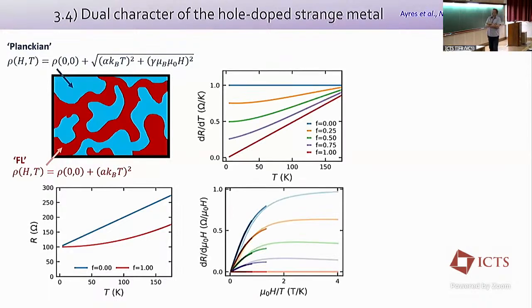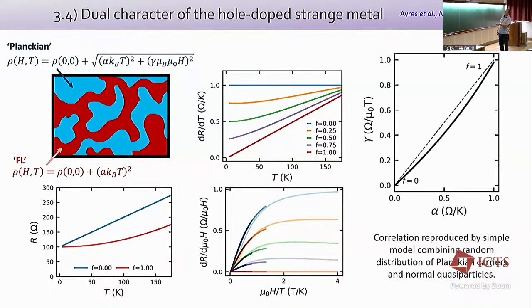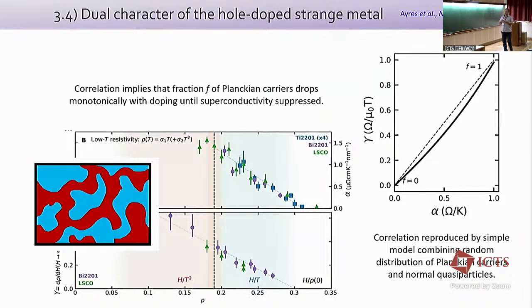The only way you get this correlation to work is if the fraction of these carriers, which we call Planckian carriers because in zero field they would have a purely T-linear resistivity, changes from fully Planckian to fully Fermi liquid-like. That gives us at least a toy model to think about how these 2 coefficients are coupled.